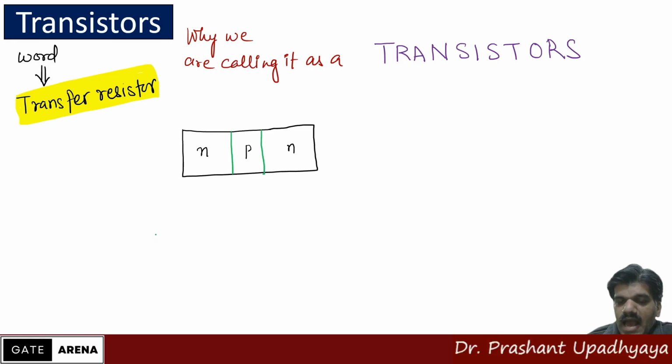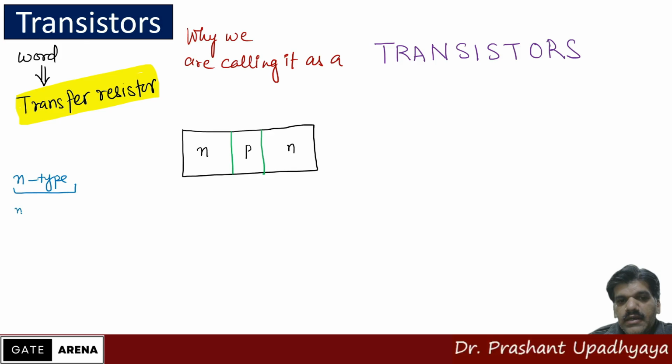When we are talking about the NPN transistor, if you remember, in N type semiconductor we have electrons as the majority charge carrier.